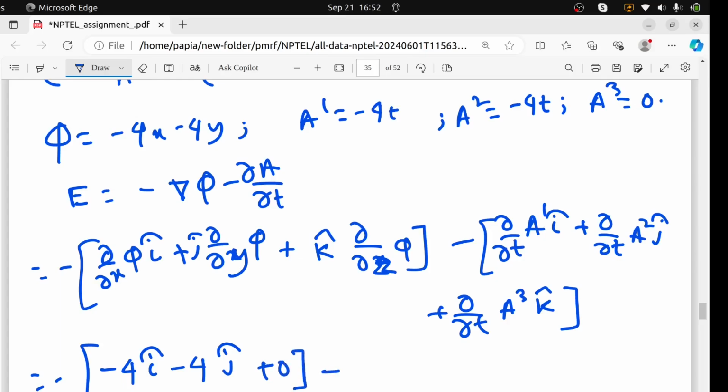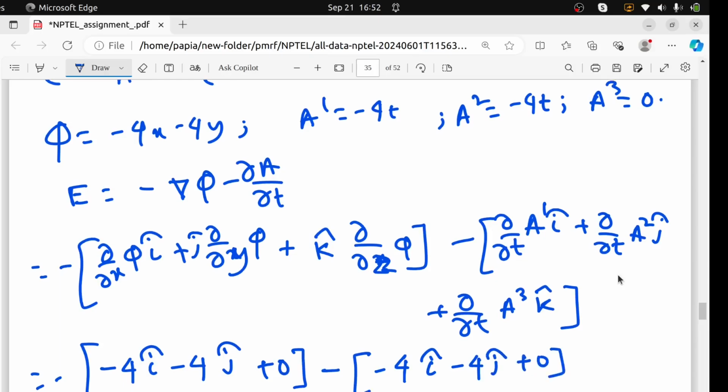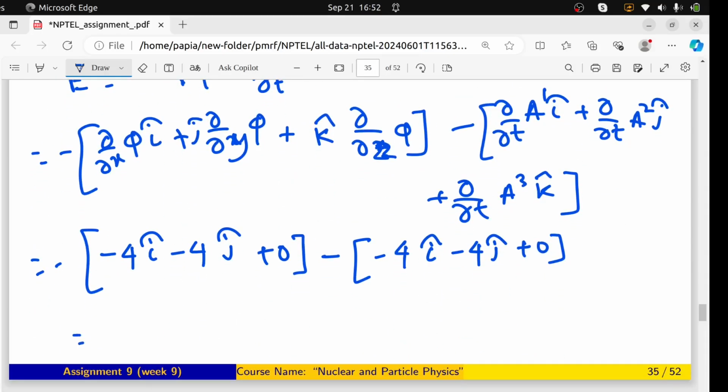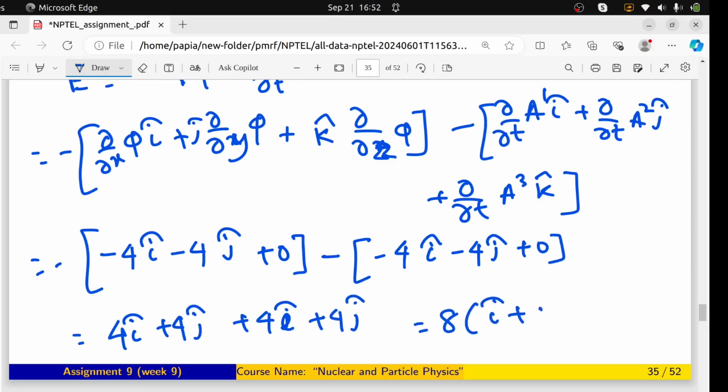Now coming to here, del t of a1. So a1 is how much? a1 is minus 4, so it will be minus 4 i cap. Then a2 is also minus 4, so it will be minus 4 j cap, and then it is 0. Now you can see this is 4 i cap plus 4 j cap, again plus 4 i cap plus 4 j cap. So it is like 8 times i cap plus j cap.